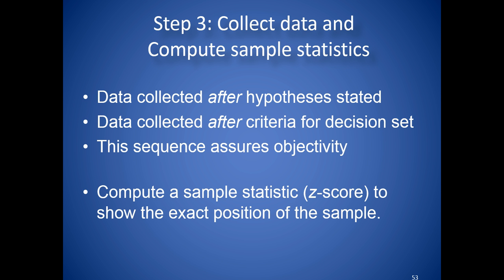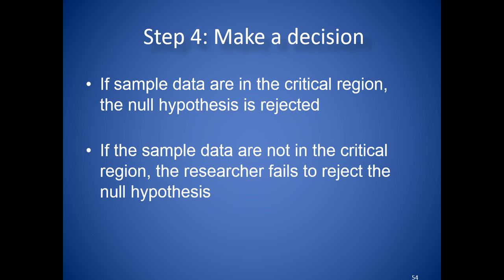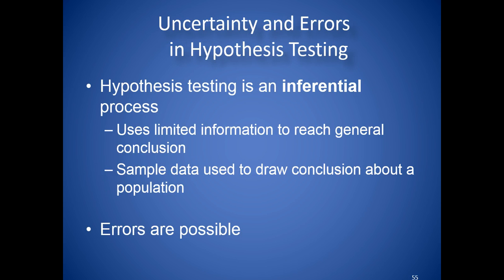The data collected after the hypothesis is stated, those are in step 3 now. Data collected after the criteria for decision are also in step 3, and then you compute your sample statistics, that is your z-score, to show the exact position of the sample, and then make the decision. Is it in the critical region or is it in the middle, in that 95% confidence interval?